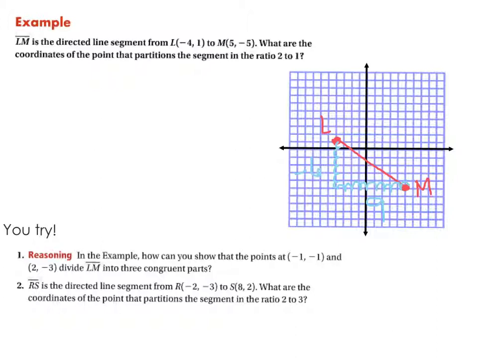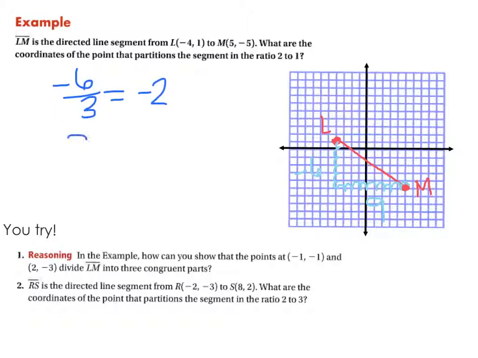Because I need to partition my segment in the ratio 2:1, I know that I need to separate or divide my segment into 3 parts, because 2 plus 1 is 3. So I'm going to take the number -6 and divide that by 3, which gives me -2.